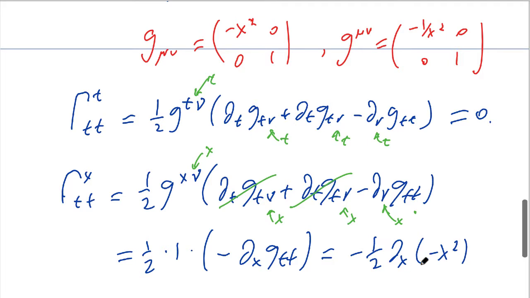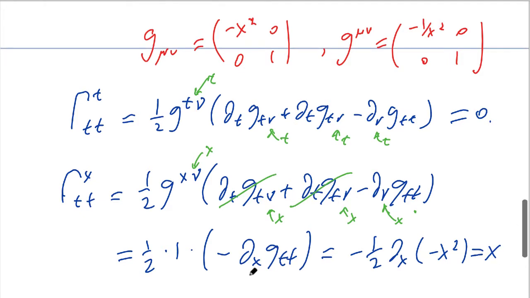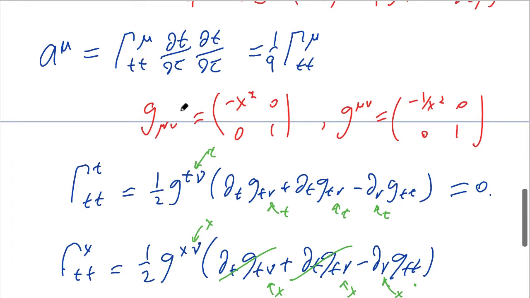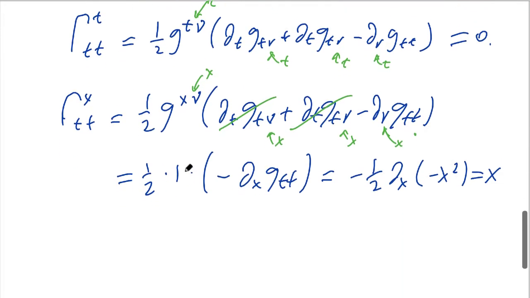All right, so the result is that's minus 2x. The minus 2 cancels the minus 1/2. This is just equal to x. So the components of the acceleration, which we have written here, 1/9 gamma mu tt.